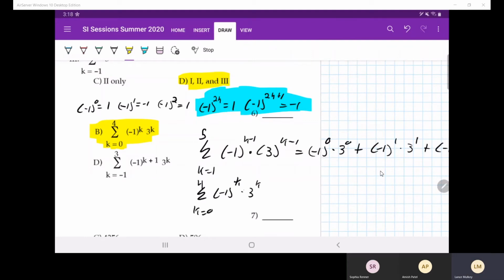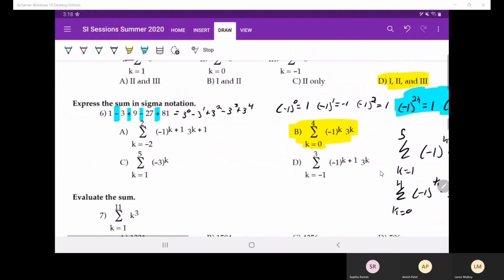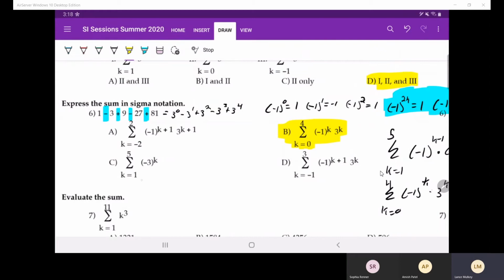Did I do something wrong? Do y'all remember? This one looks like it would work, and it still does to me, but I know it doesn't. So you get -3 to the 1 power plus -3 squared.